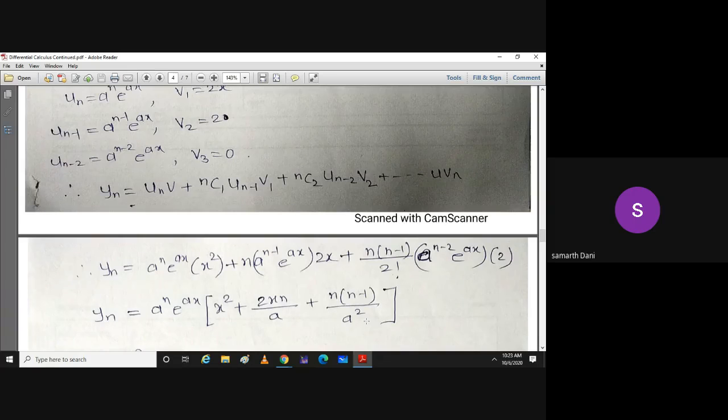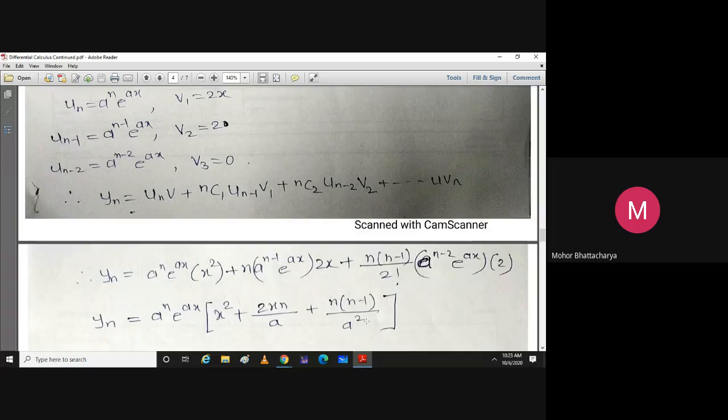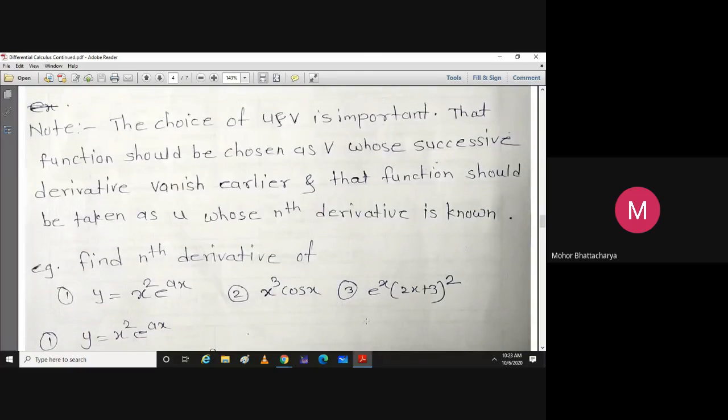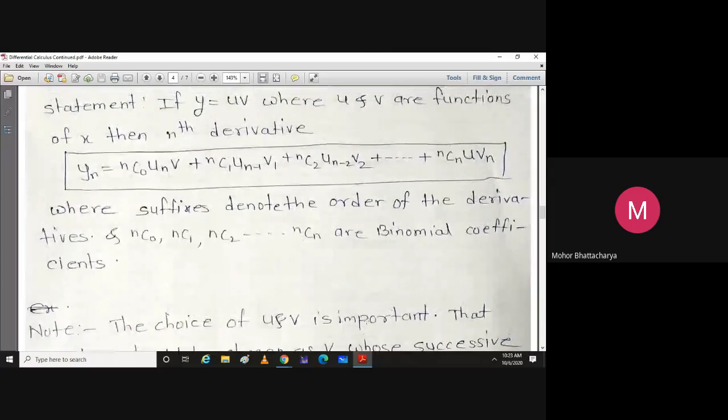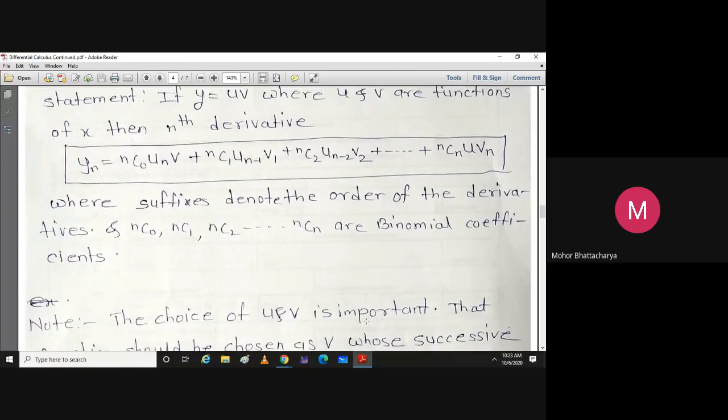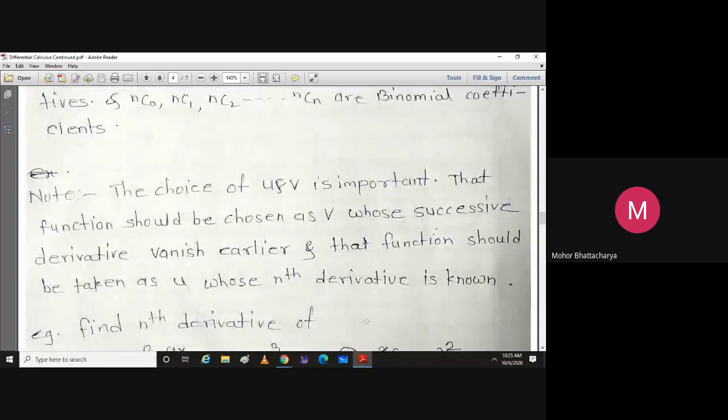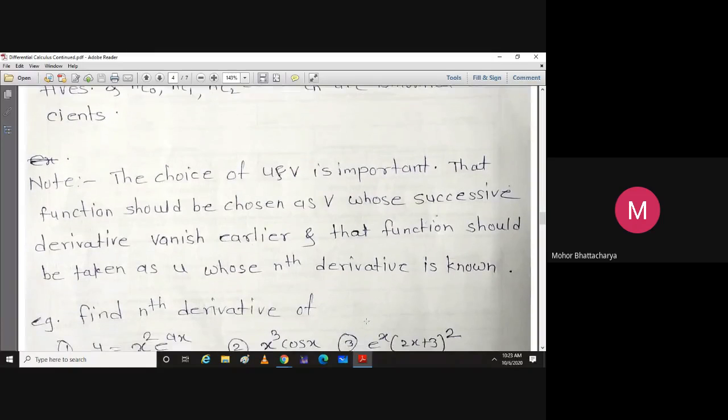Sir, can you show the previous page where the statements were written? All right. Fine. Sir, the last para, just the last para after this. Yes, sir, thank you.